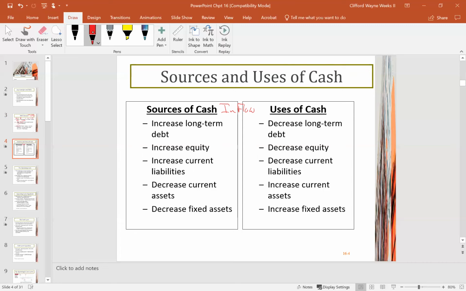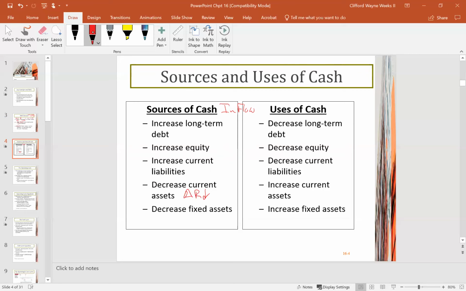We can increase current liabilities, so we could borrow in the short term. We could decrease a current asset. So if accounts receivable goes down, well, how does accounts receivable go down? Somebody's paying us what they owe us. And then a decrease in fixed assets: we can sell a piece of equipment and so on.